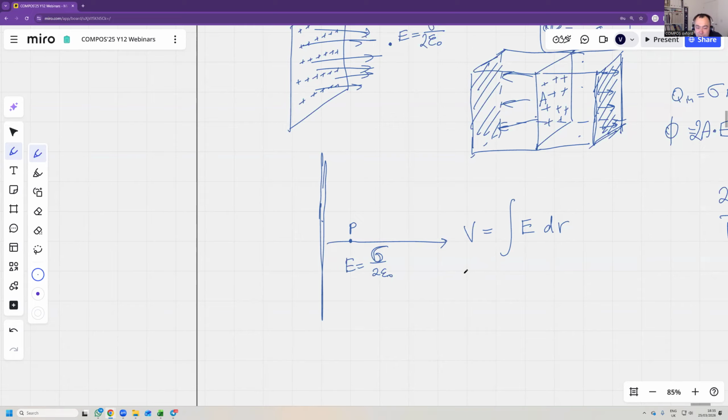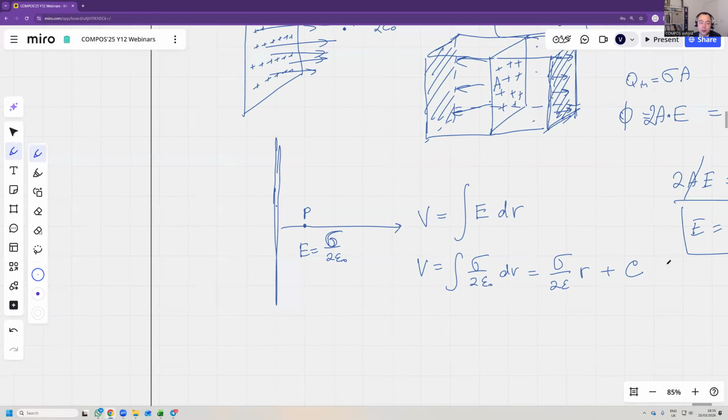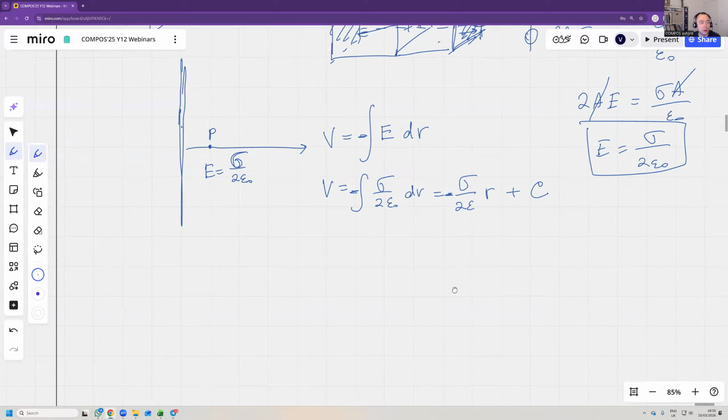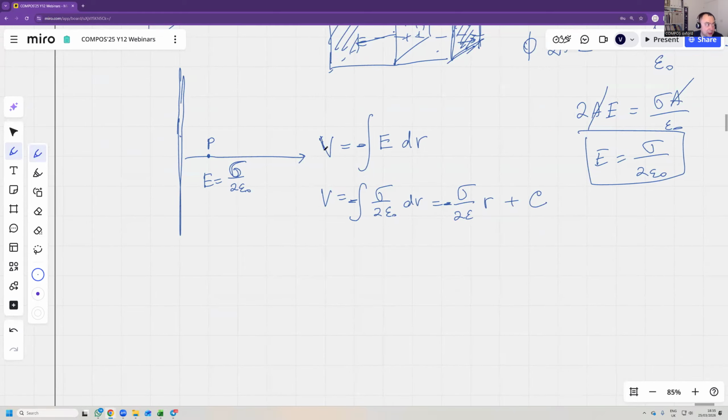So V is going to be the integral of sigma over 2 epsilon naught dr, which is going to be just minus sigma over 2 epsilon naught r plus a constant. Okay, that's kind of the definition of potential as well. All right, so we have potential here.